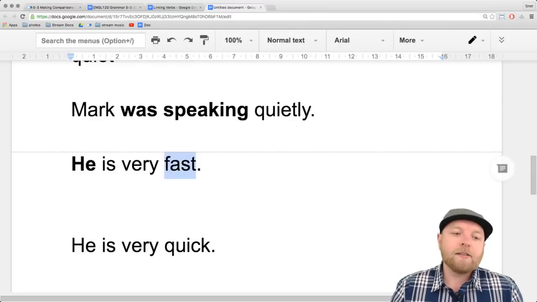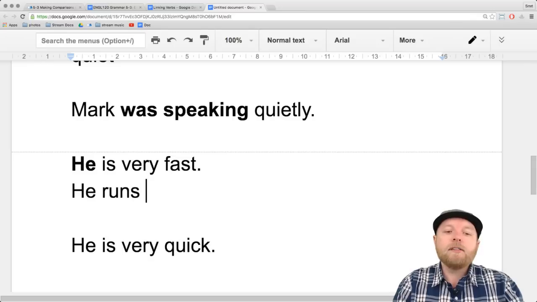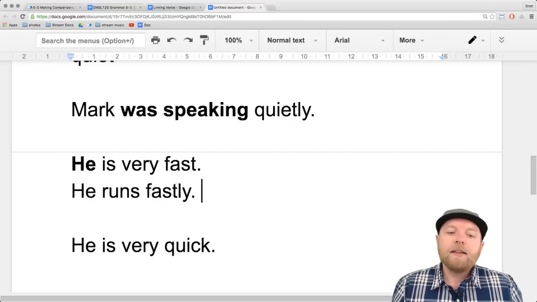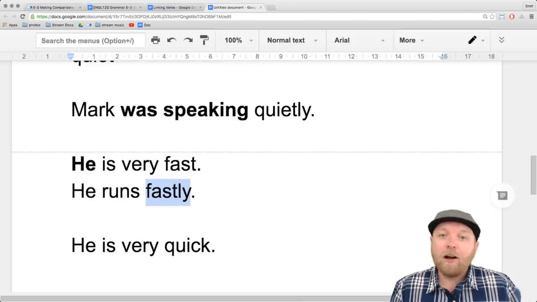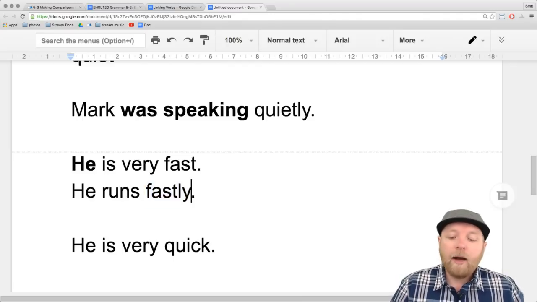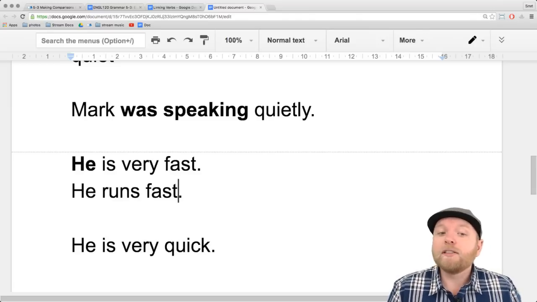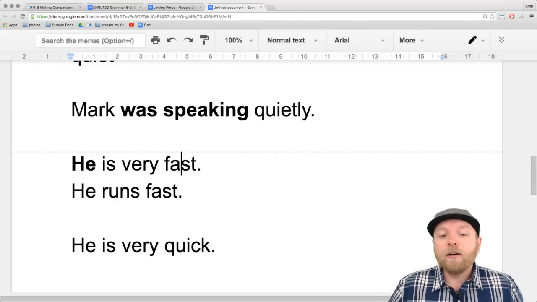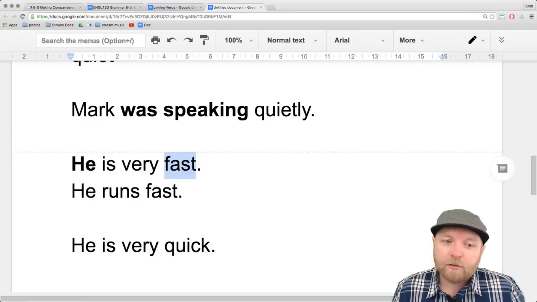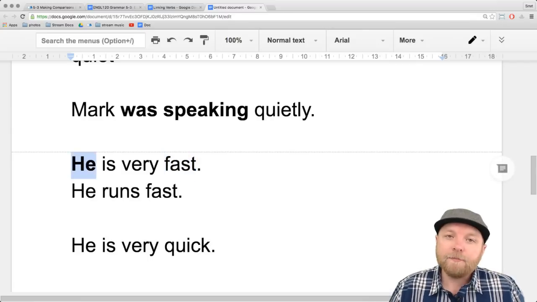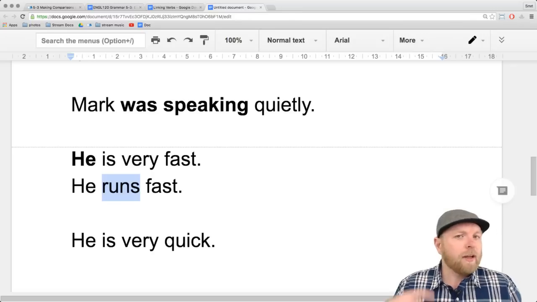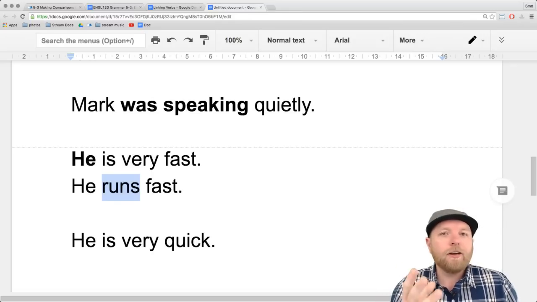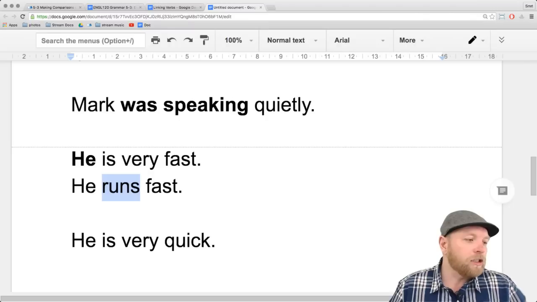For example, fast. If I want to say he runs fastly, this is not good English, okay? Fastly is not good English. So actually, we just do this. He runs fast. So here, it is an adjective, describing he. Here, it is an adverb, describing run. You can hear the bell. So that means we have some questions.